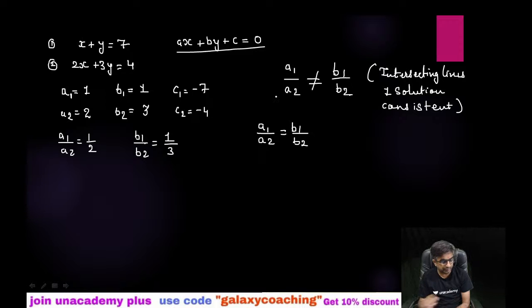We cannot directly say anything with these two numbers alone. If they are equal, then we need to go for c1 upon c2 also.